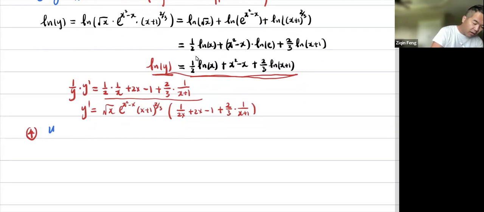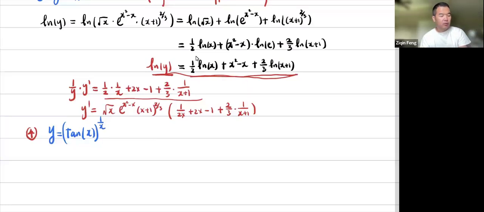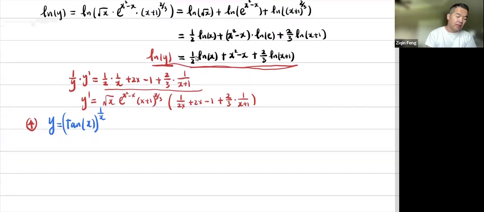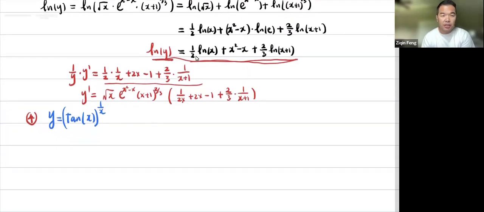So we have y equal to tangent of x to the power 1 over x. We want to find y prime. I can see that for such a function, you cannot apply the chain rule or any rule we have so far directly. You have to change that form, right? How do you change it?